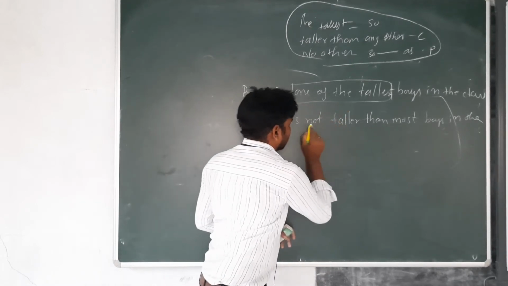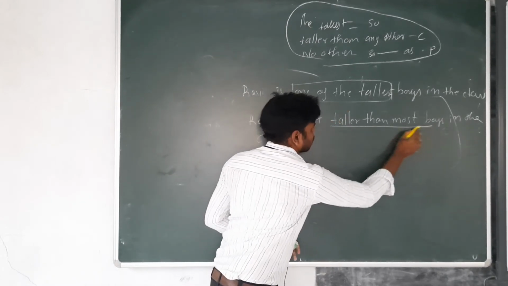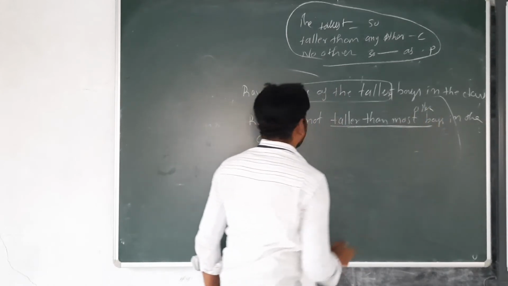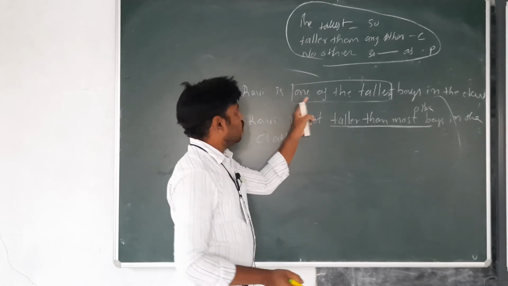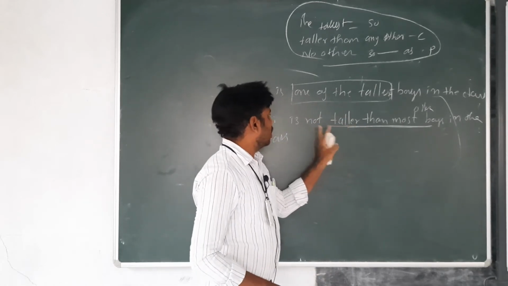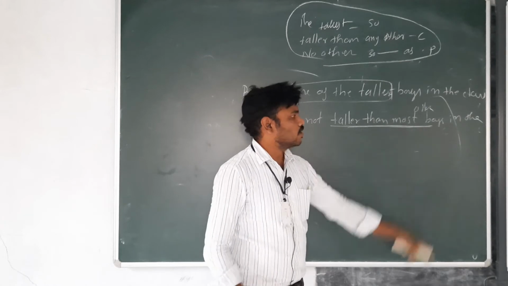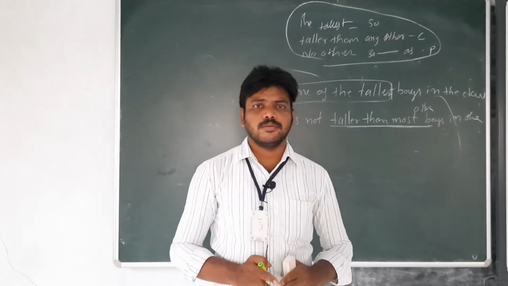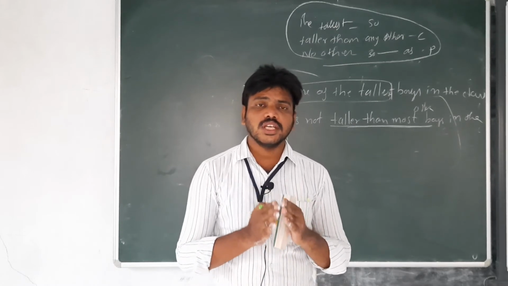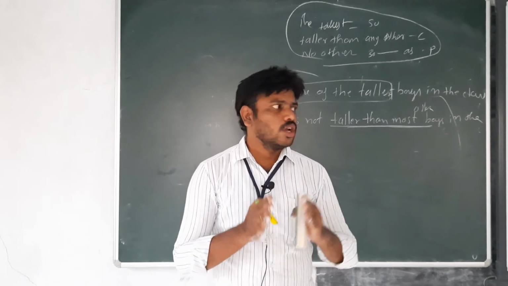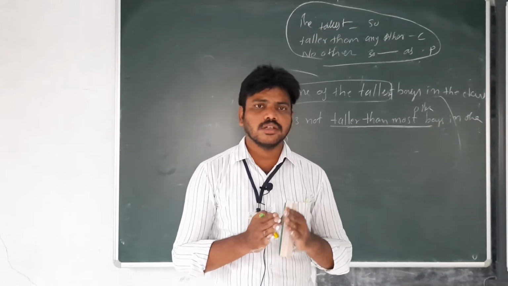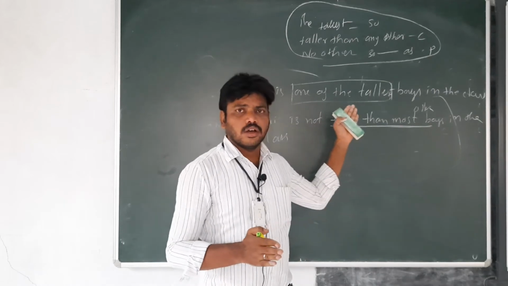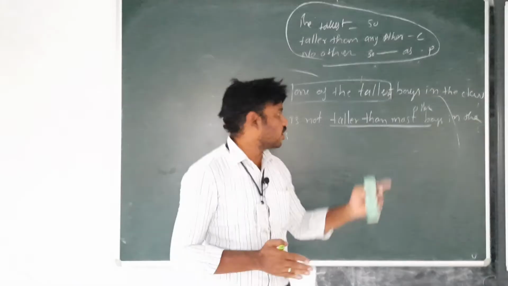Now we have taller than most other boys in the class. So one of the tallest, Ravi is not taller than most other boys in the class. What is the difference between the first type and second type? The first type, if you see the tallest, the richest, we should write this type. When we see one of the tallest, we should write this formula.